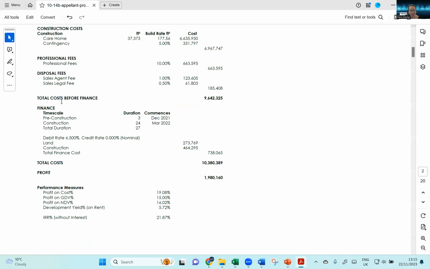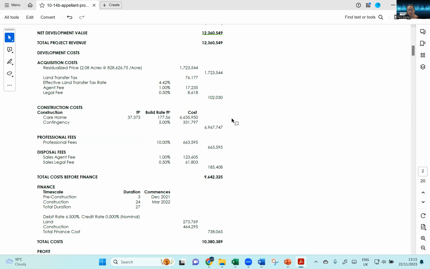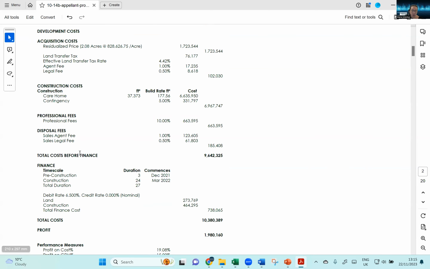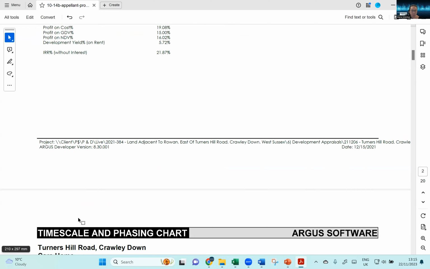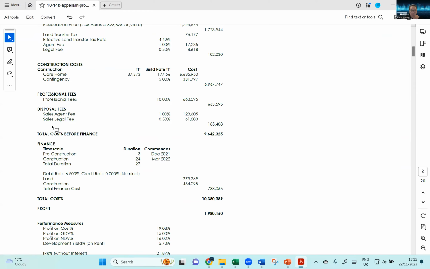I understand that what Argus does is put the sales costs here at the end. This doesn't have any impact on the calculation of your profit, but it will have an impact on the calculation of your IRR. Because in my case, I only take out these disposal fees at the end when I sell, whereas I'm not sure how Argus includes the sales cost, if it's distributed over the period or in the beginning or at the end.